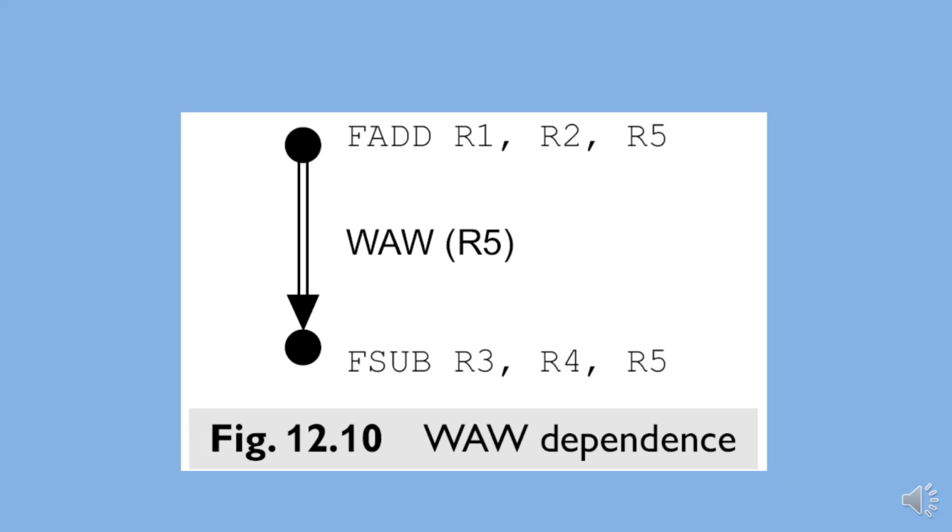Both these dependencies are caused by a subsequent instruction writing into a register being used by a previous instruction. Such dependencies do not reflect program logic but rather the use of a limited number of registers.